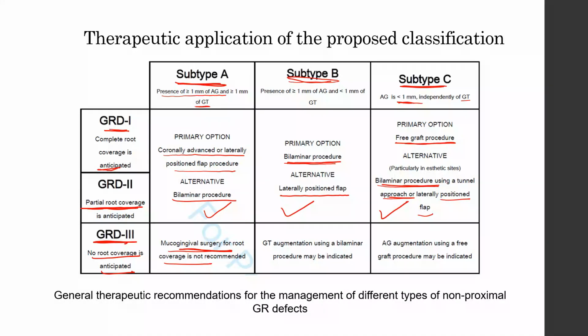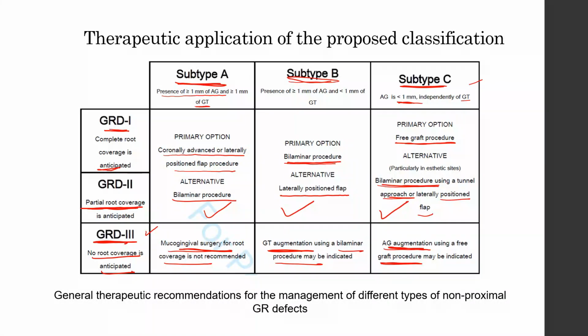Okay. GRD3 with subtype B, gingival thickness augmentation using a bilaminar procedure is indicated. GRD3 with subtype C, attached gingiva augmentation using a free graft procedure should be encouraged in such cases.